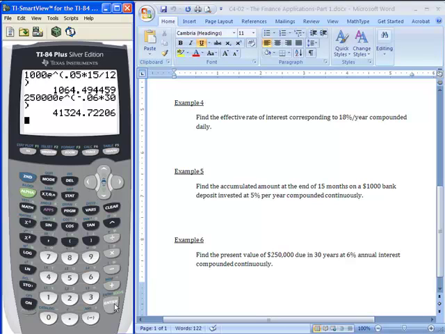So you're going to save money on your own, and at the end of 30 years you're going to have to pay off the original principal along with the interest. Well, your payment is $250,000, which means the interest that is racked up in the meantime is the difference between $250,000 and $41,324.72, or roughly $210,000 in interest.